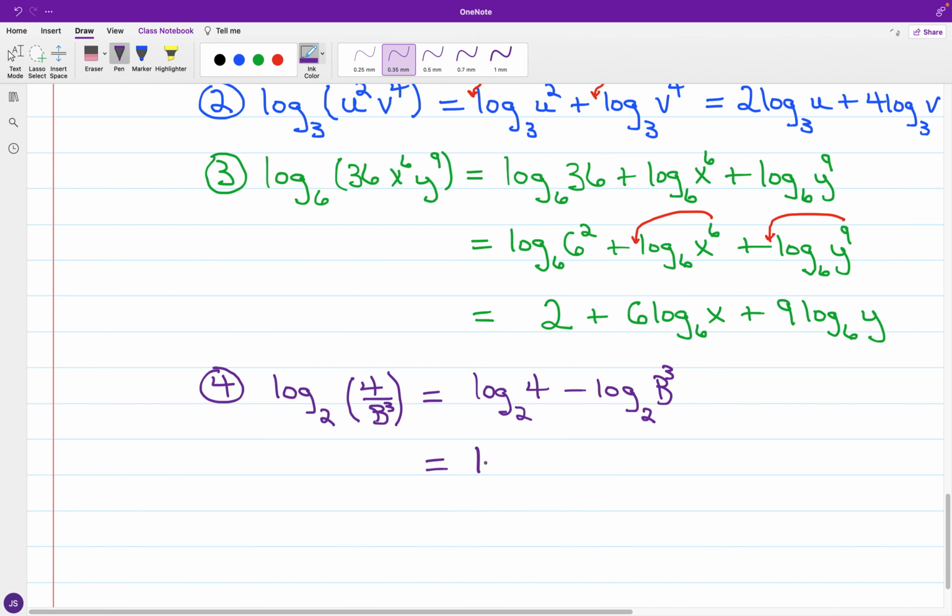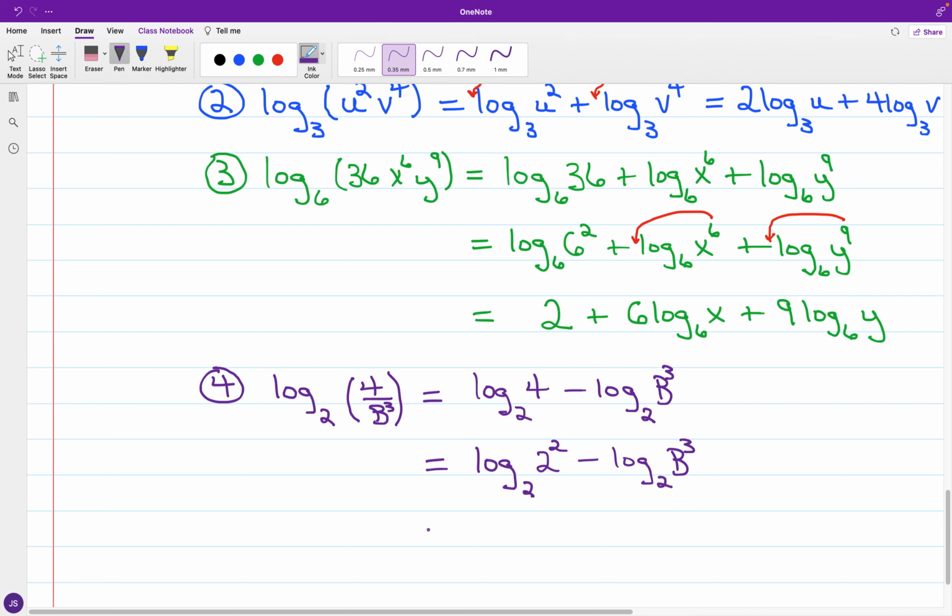Right now we have the base 2 logarithm of 4. Like 36 is to 6, 4 is both a multiple and an integer power of 2. So here we have the base 2 logarithm of 2 squared, and again, minus the base 2 logarithm of b to the 3rd.